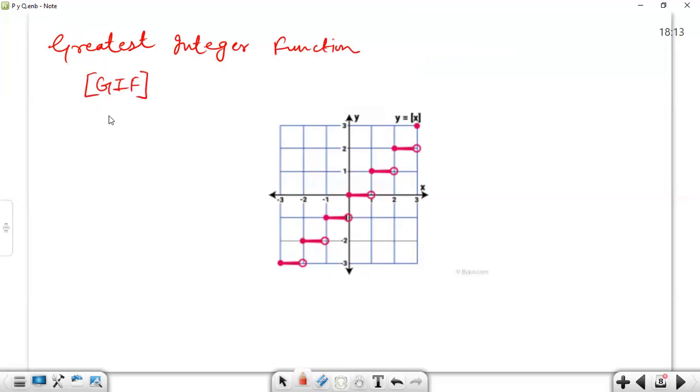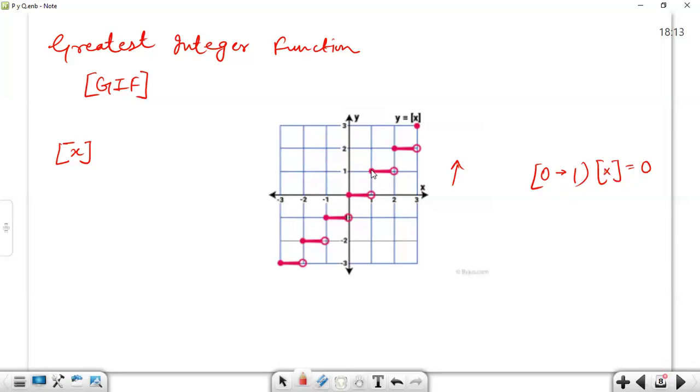So this is represented by square brackets, like this. And if there is any value between, let's talk about positive x, between 0 to 1, including 0 and excluding 1, the value of the function would be 0 only.